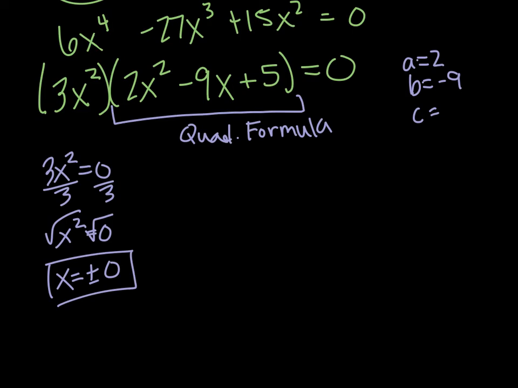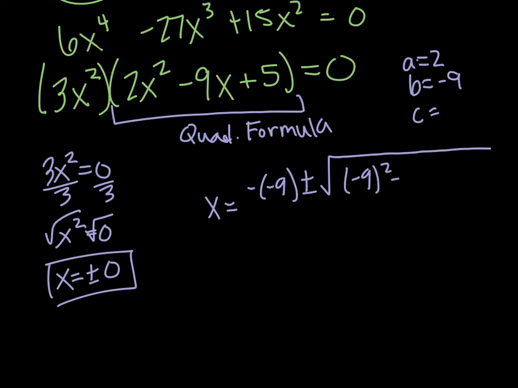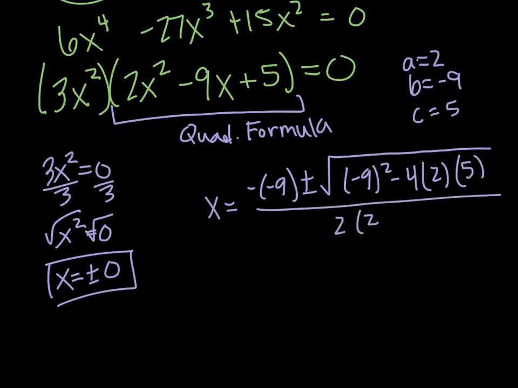So negative 9 plus or minus the square root of negative 9 squared minus 4 times a, which is 2, times c, which is 5, over 2 times a, which is 2.